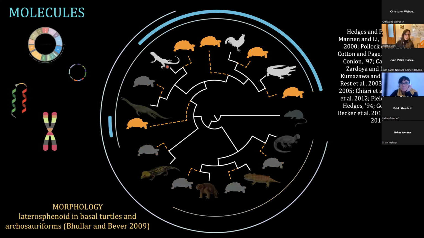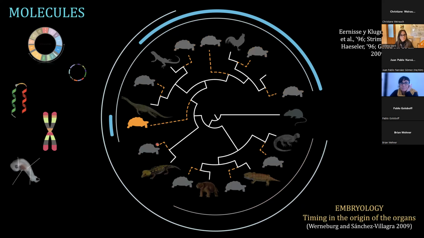So there are many phylogenies. I'm not going to go into detail about this, just to summarize that there are many phylogenies since the 90s until recently that relate turtles with diapsids. Also, there are other phylogenies that recover turtles as the sister clade of all living diapsids.